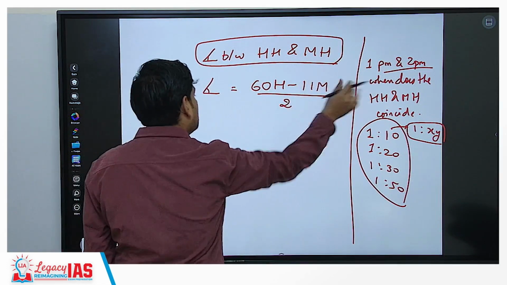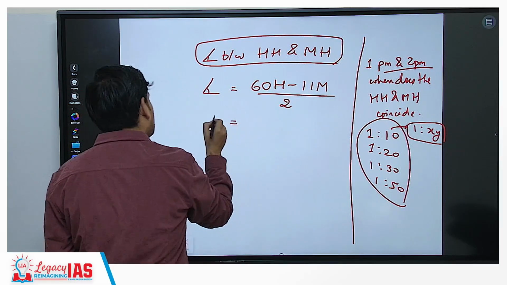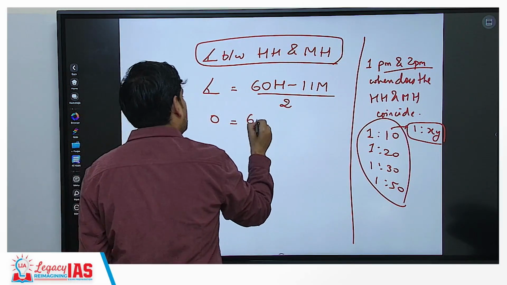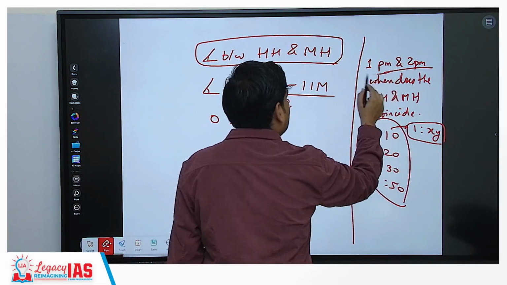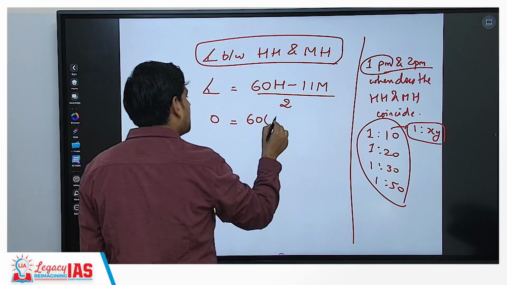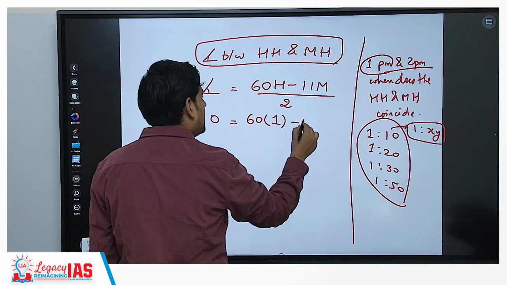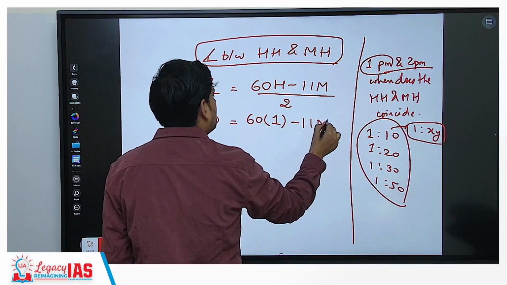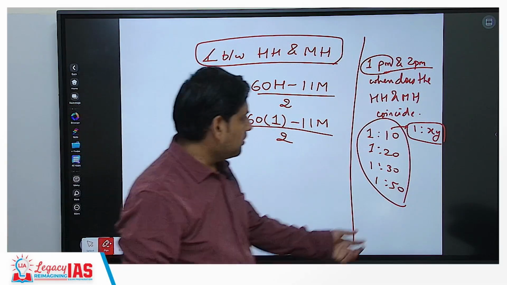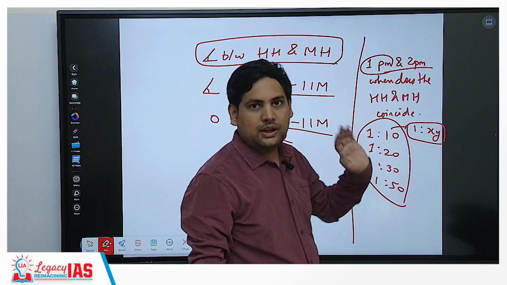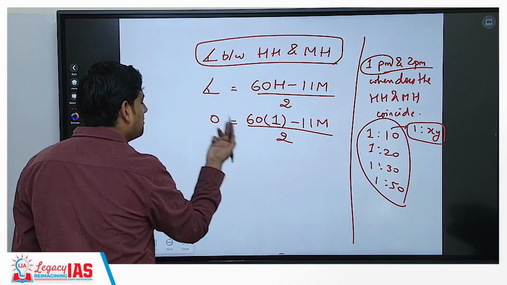Now if I need to find a 0 degree angle, so this angle becomes 0, 60. In place of h, what will you put? In place of h, how many hours have you completed? You have completed 1 hour. So this will be 60 times 1 minus 11 times m, upon 2. That's it, because the time would look like 1 hour xy. Now, once you get this, you multiply 2 by 0.